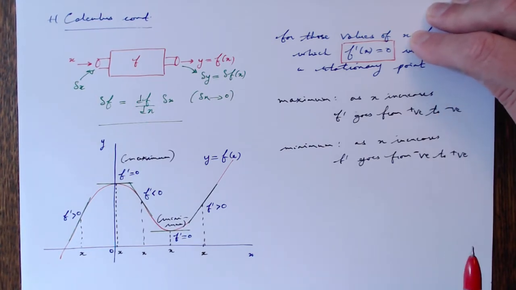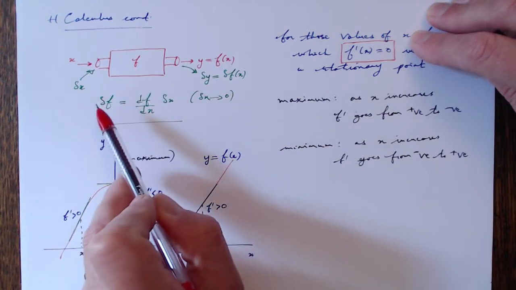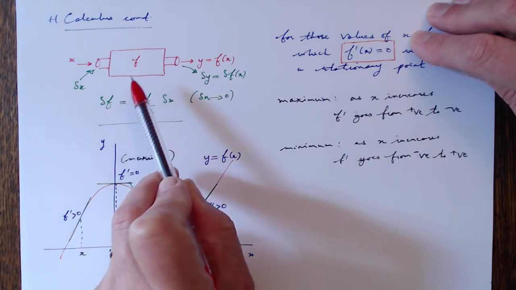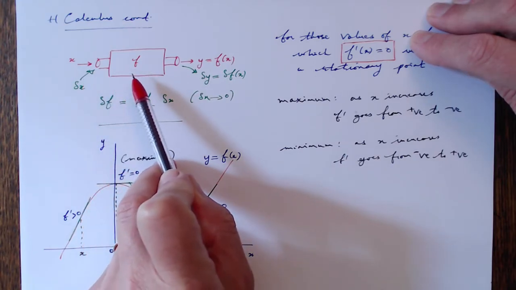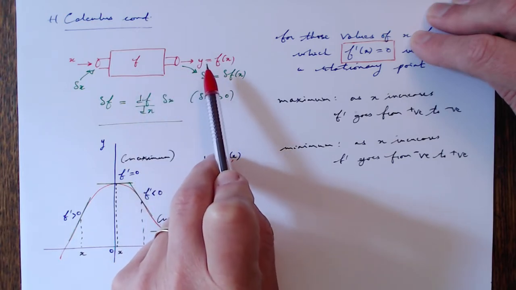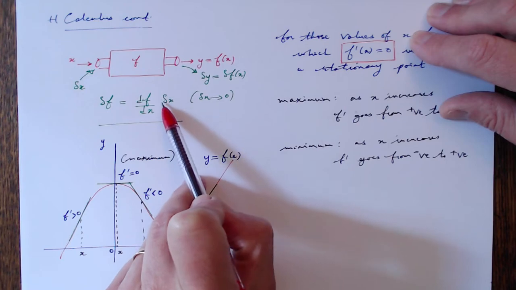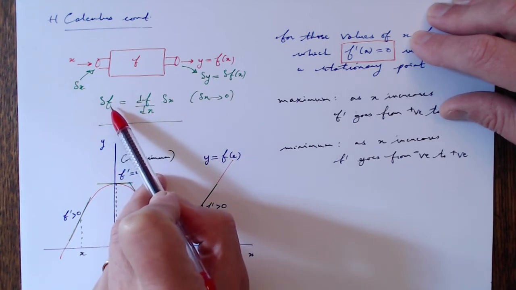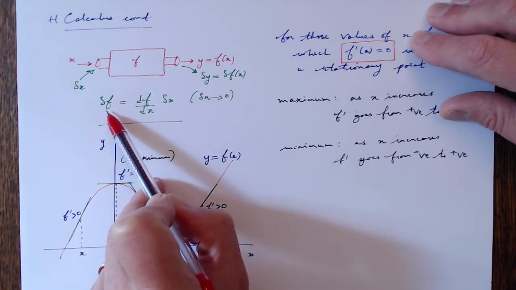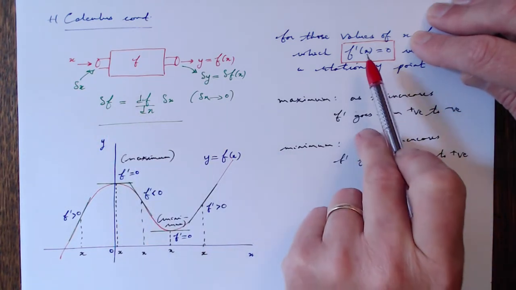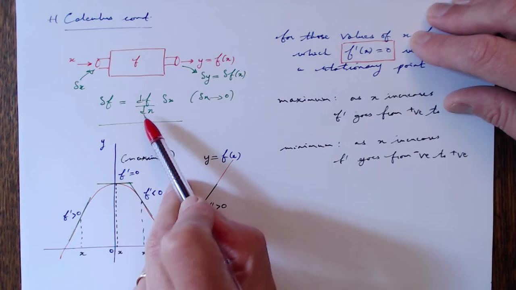So let's just take a moment to think again about what this really means, though. Again, we're saying that if we have some function of an input variable which gives you an output variable, the derivative tells you how a change in the input translates to a change in the output. And you see the really fascinating thing about stationary points where the derivative vanishes.